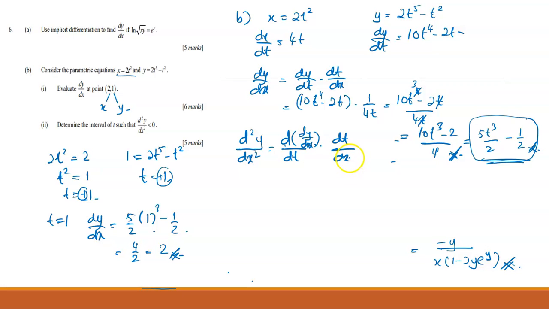Are we going to form another dt/dx? No, just use the dt/dx that we found in the first step of this solution.